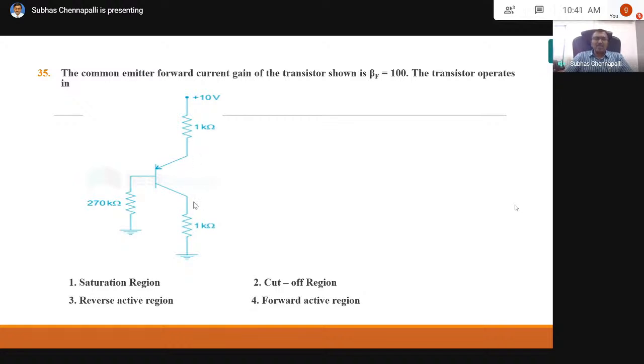If it is cut off, then the entire voltage here will appear here. Because no current flows when it is cut off, so entire voltage will appear here. So it will be 10 volts. At saturation, or 0 volts you can take. So if I calculate this voltage from collector to emitter, if that is something between 0 and 10 volts, it means I am in active region.